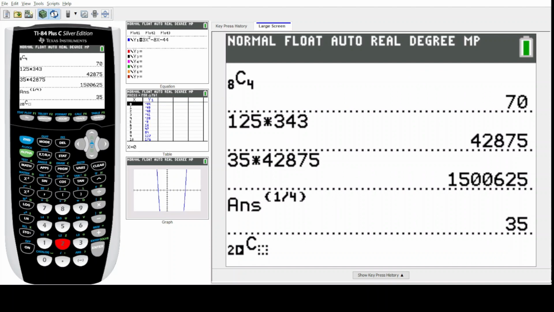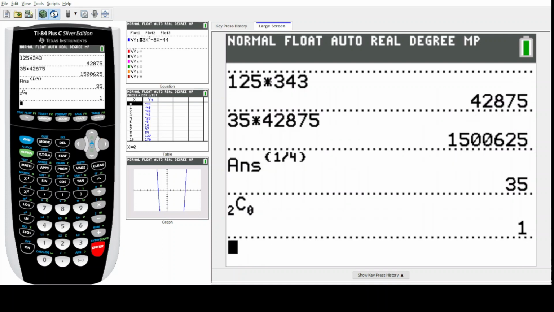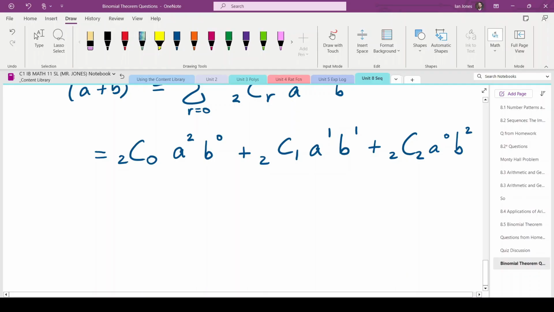The answer is going to be 1, but let's just do it there. There it is, 1. Or you can get your n choose r by using the fact that n choose r equals n factorial over r factorial times n minus r factorial. Plug in the numbers. Or in simple cases like this, I'm just using Pascal's triangle.